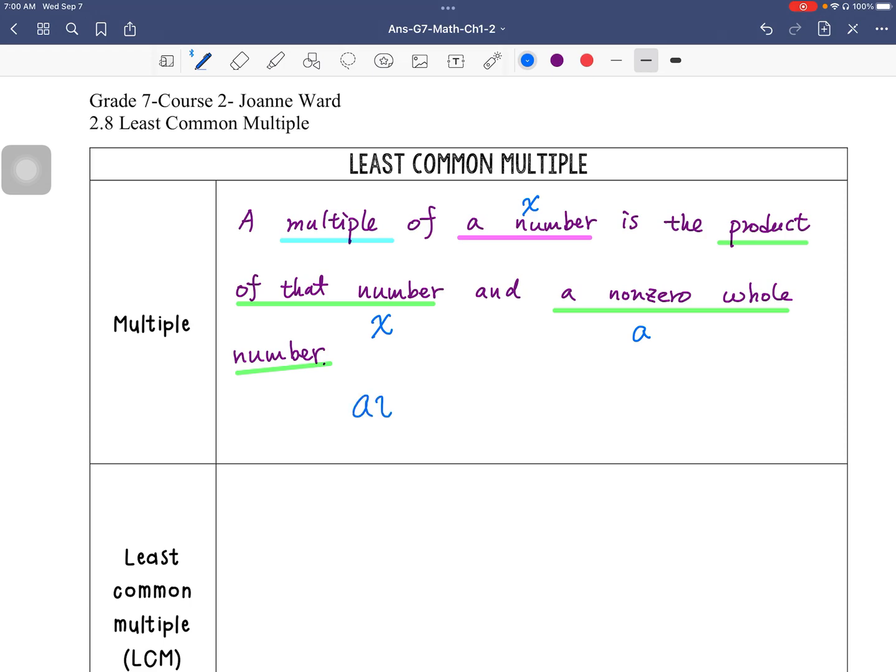So now ax, where x can be 1, 2, 5, or 100. So that's a multiple. It's a number multiplied by a non-zero whole number.